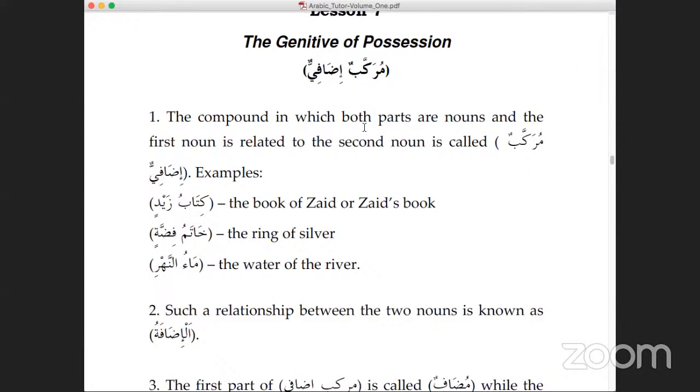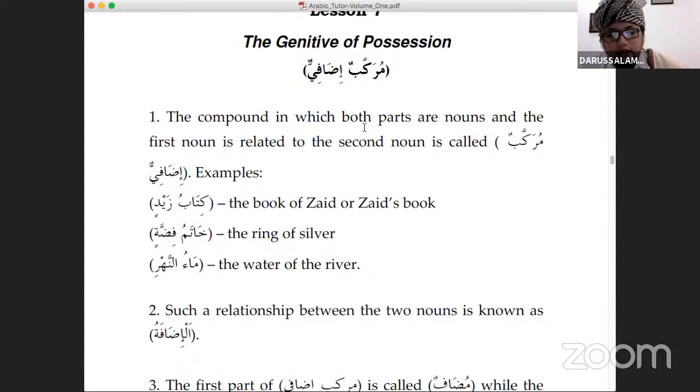So before this, we were learning about murakkab tawsifi. You have to remember a few things about it. The first part is called the mawsuf, and the second part is called the sifa.